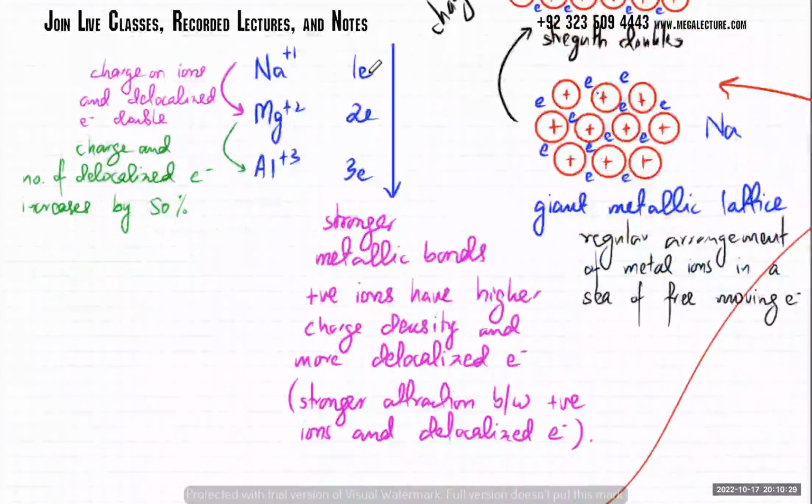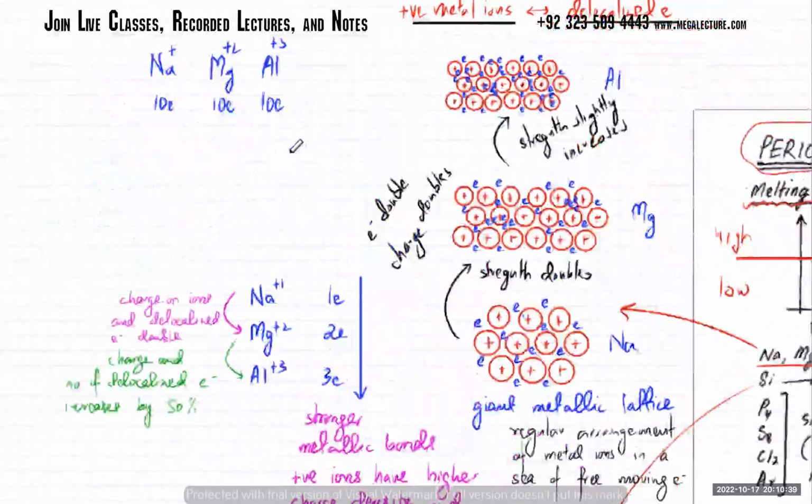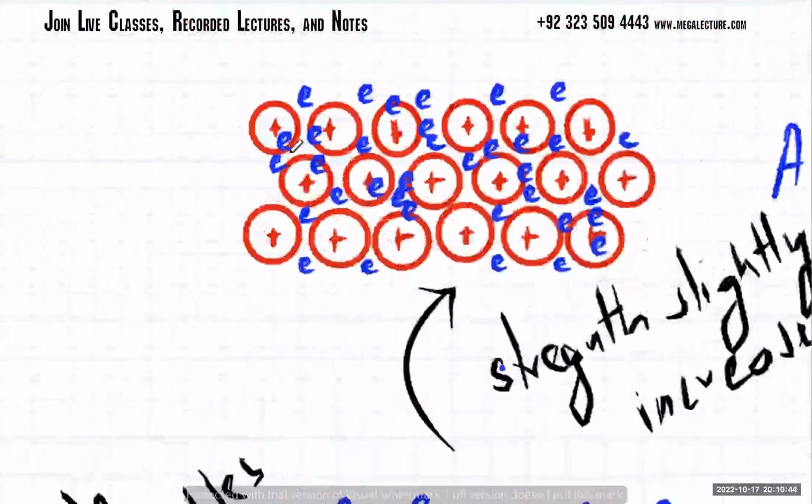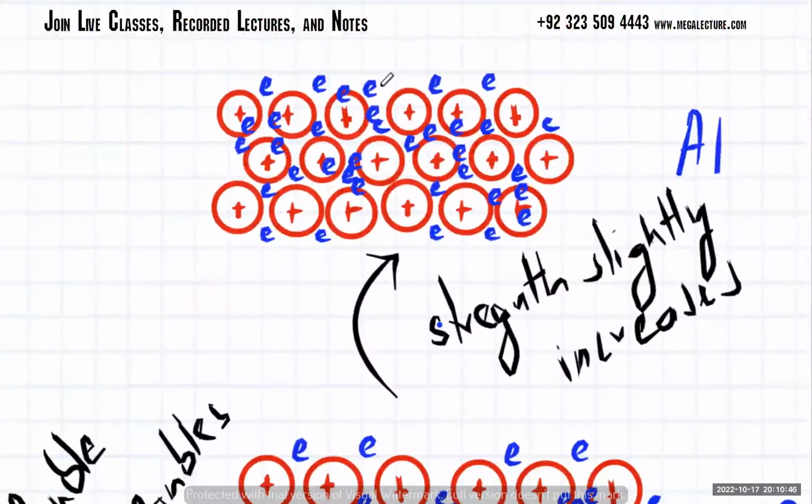Sodium will only have 1 delocalized electron, but aluminum will have 3. And the charge on the aluminum ion is a lot bigger as well. It's going to be +3, not just any positive ion.